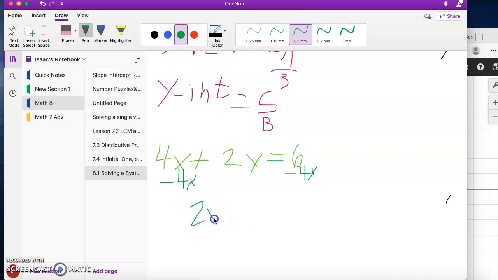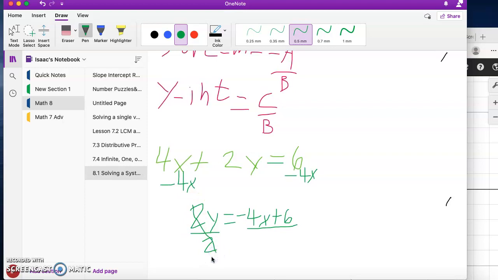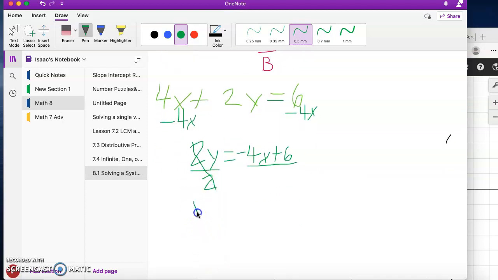So now I've got 2y equals negative 4x plus 6. Now if I divide both sides by 2, those 2's cancel. y equals negative 2x plus 3.